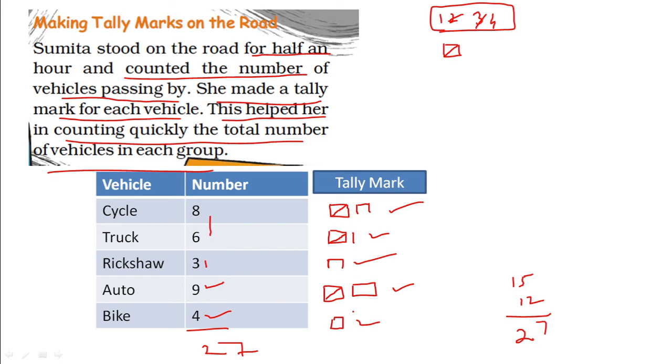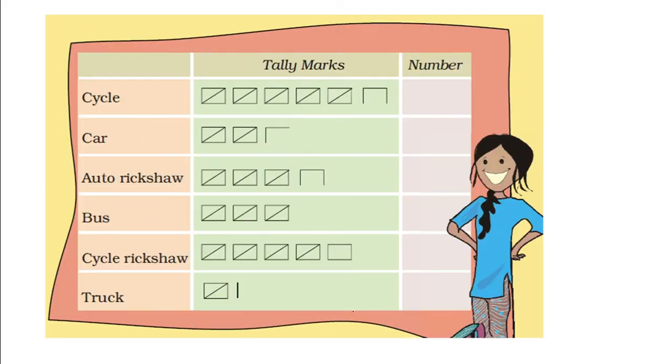Okay. Now see this. She has converted to tally marks. Now we have to convert them into numbers. We can easily convert: 10, 20, 25 and 3, 28. 10 plus 2, 12. Cars are 12.